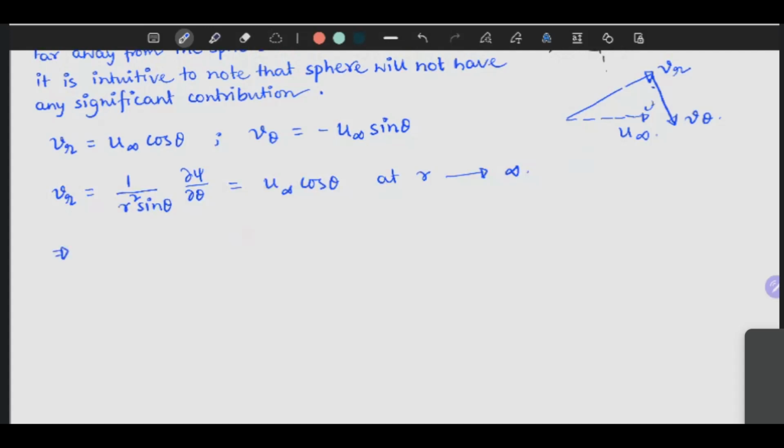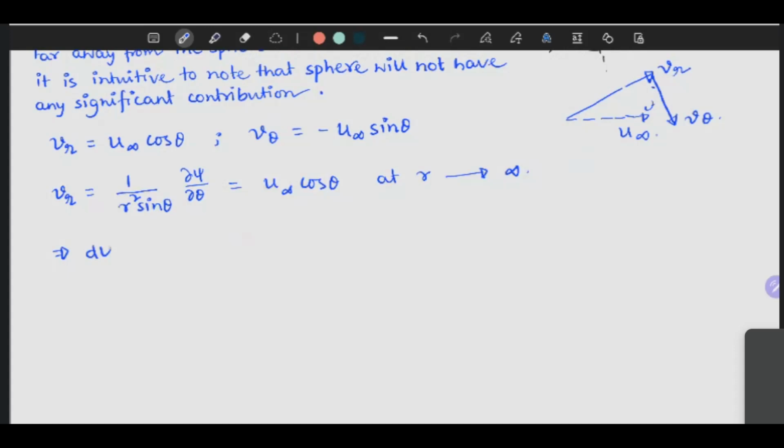If you do the partial differential equation, it is u infinity r square sin theta cos theta d theta. So from here you get the solution psi is equal to u infinity r square sin square theta by 2 plus a function of r. That function of r you need to get later, because here you are getting the function of theta.